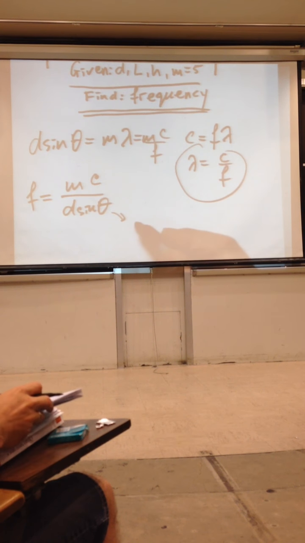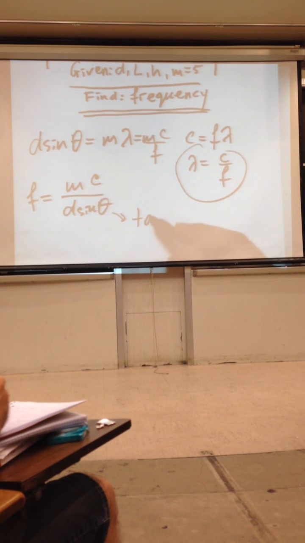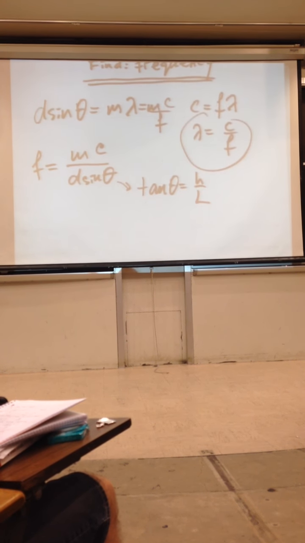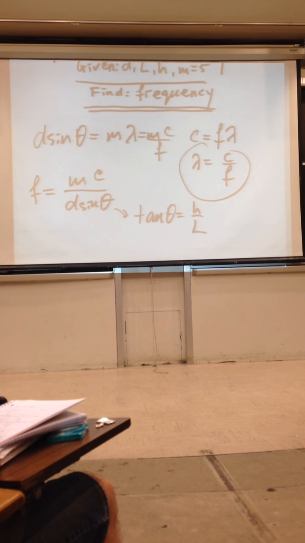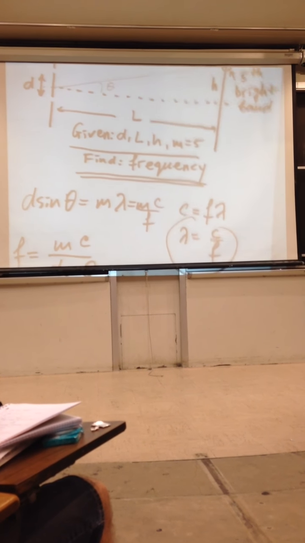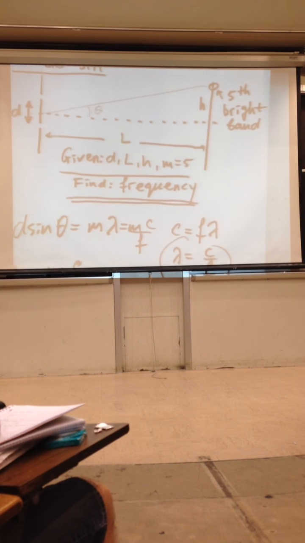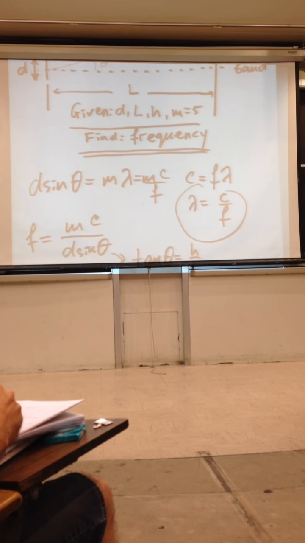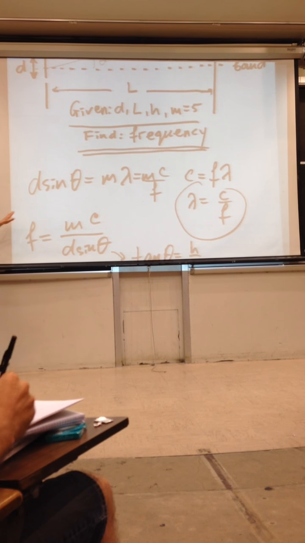We find theta from this relationship. Theta is inverse tangent of that ratio H over L, and both of them are given. So basically, this is again, I can say, a one-step solution.